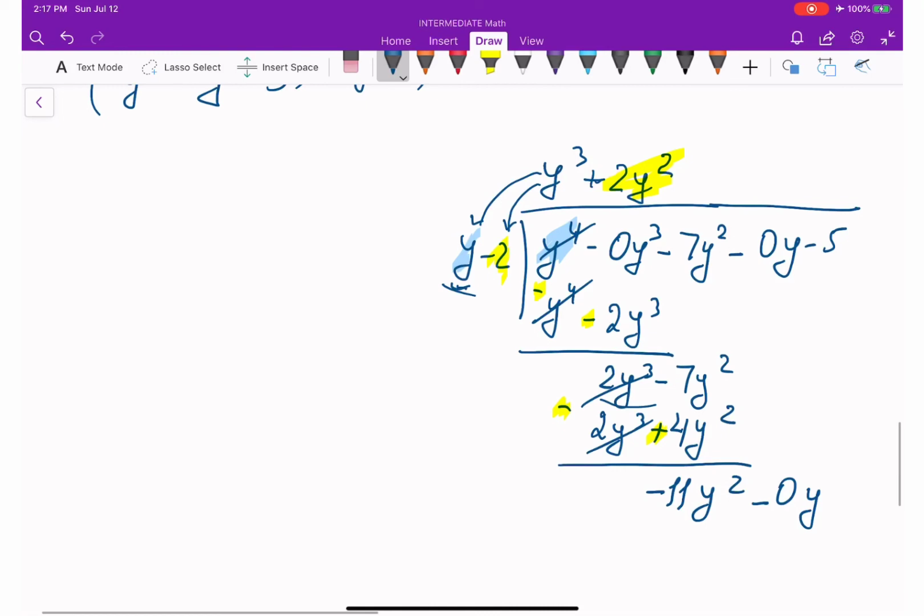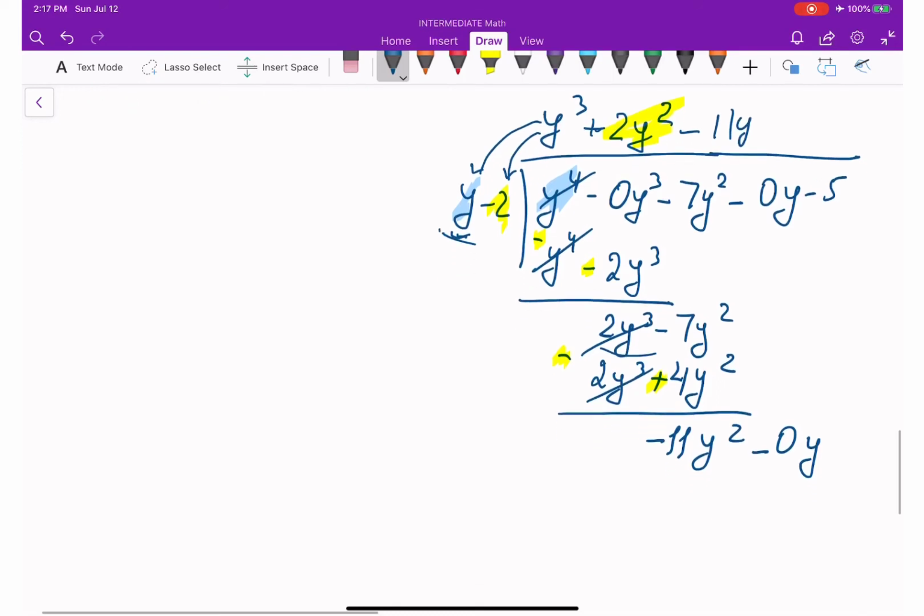So negative 11y squared divided by y is going to be negative 11y. So negative 11y times this y is going to be negative 11y squared. And then negative 11 times negative 2 is going to be positive 22y.